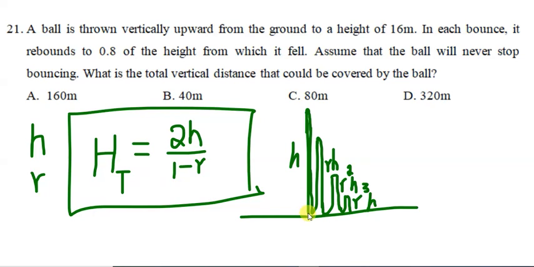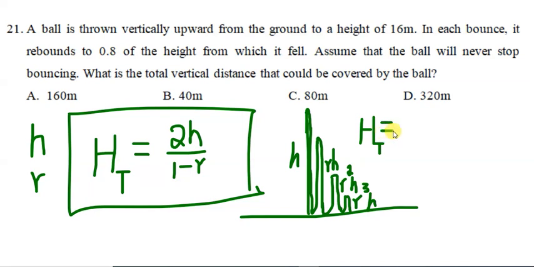The first h is the one to which the ball is thrown upward, and then the return one is also equal to h, and therefore we have 2h, and here we have 2rh, and here we have 2r squared h, and here we have also 2r cubed h, and so on. Therefore the vertical height is the sum of these heights, the maximum vertical height, the total vertical height.